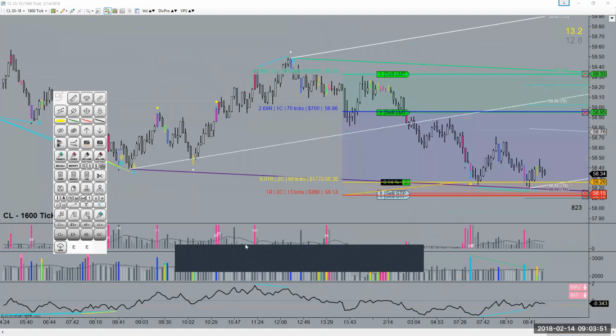Not the move I was expecting. I was actually looking for 08s in crude. I just had some geometry down there. Let me see. Hold on, I have to flip over here.